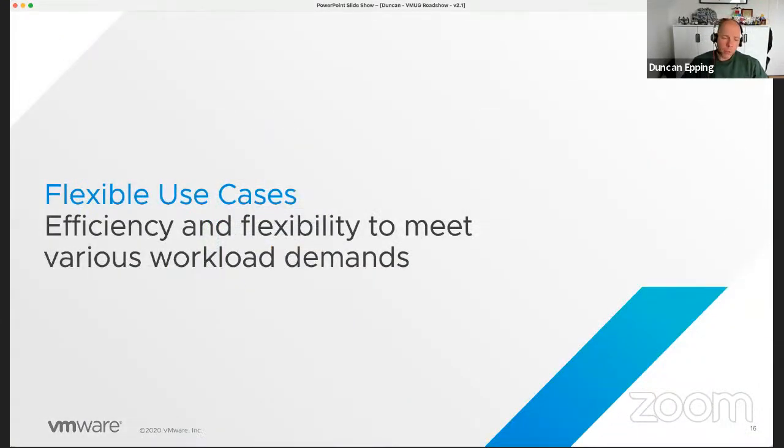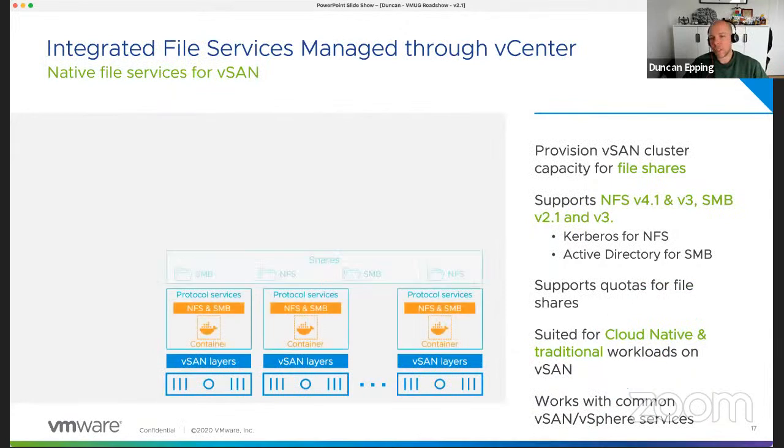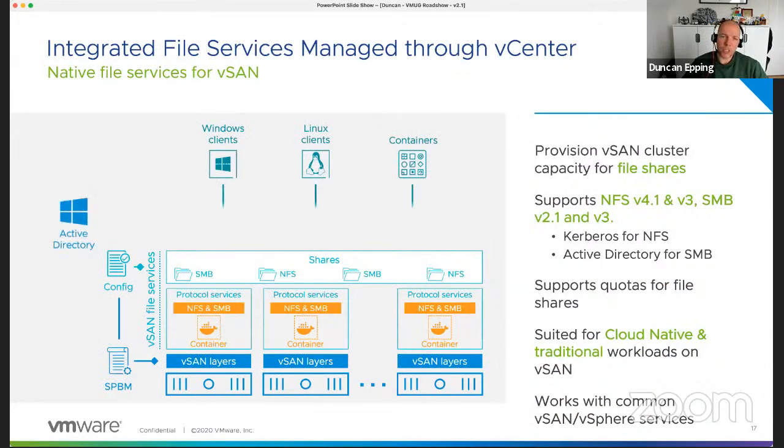Now, talking about these different ways of scaling and different types of use cases for vSAN, of course, there are other ways you can use vSAN as well. And one of those ways is for cloud native applications, and of course, also for running other types of workloads that may require some form of file share.